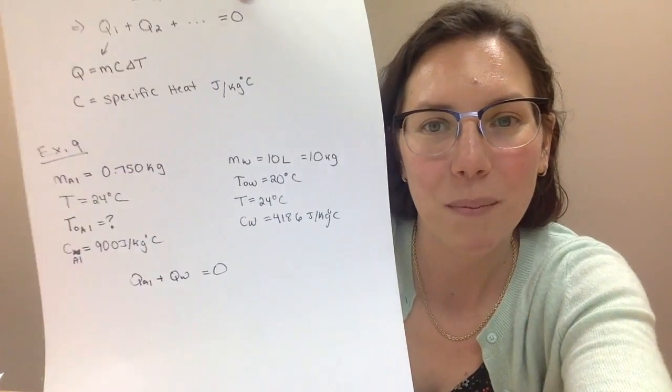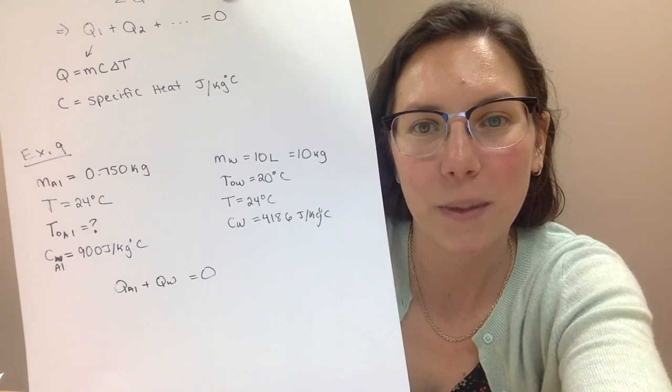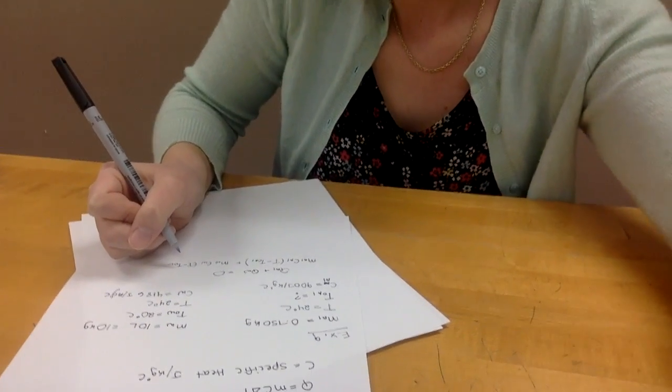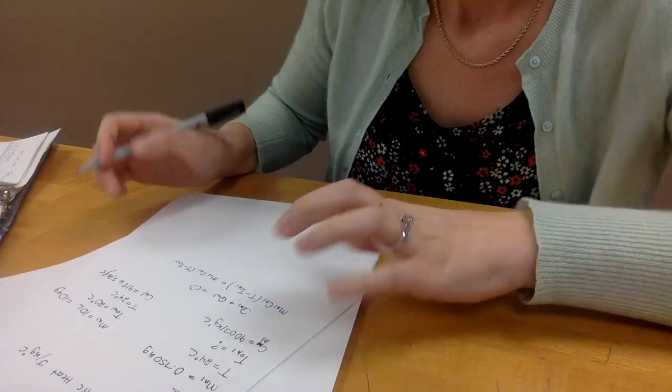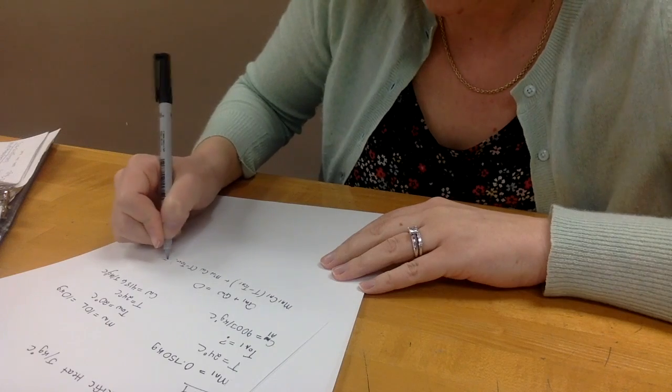For each one, I'm going to fill in Q equals mc delta T. So this will be M aluminum, C aluminum, T minus T naught aluminum, plus M water, C water, T minus T naught water, equals 0.